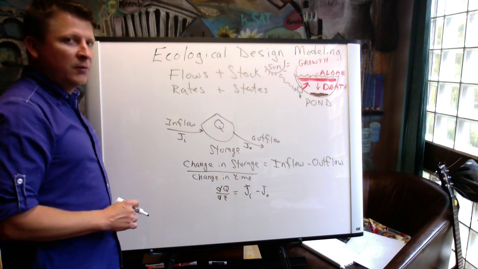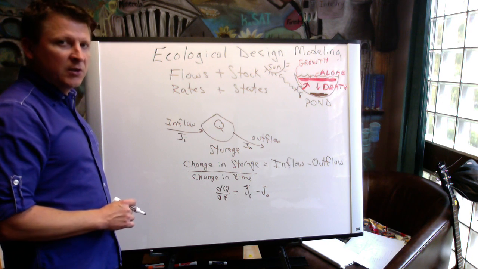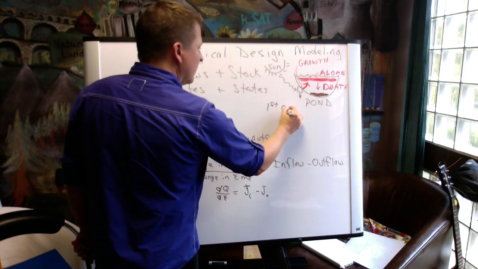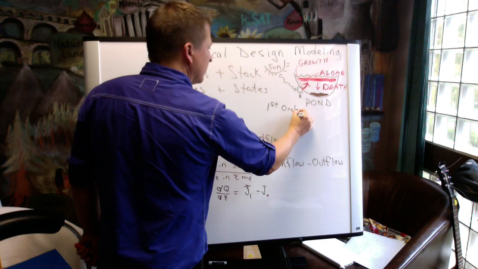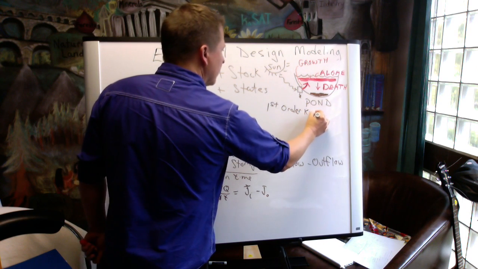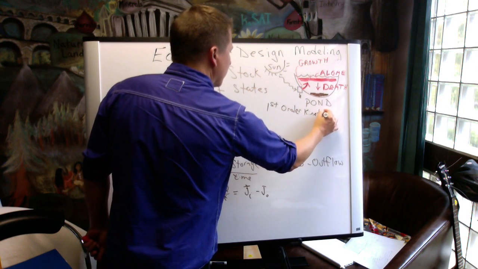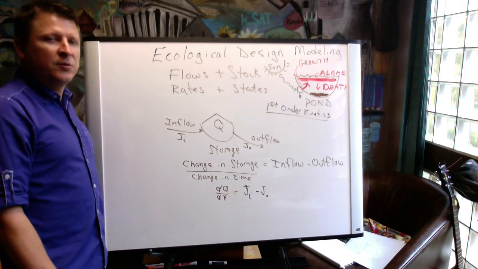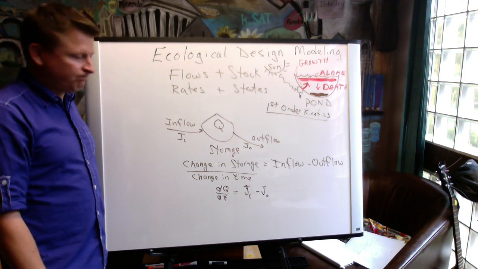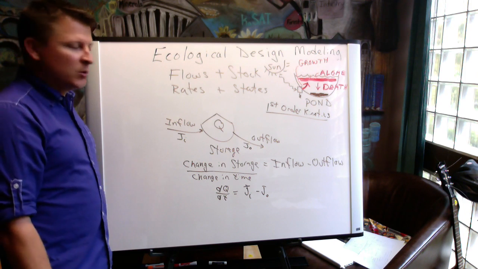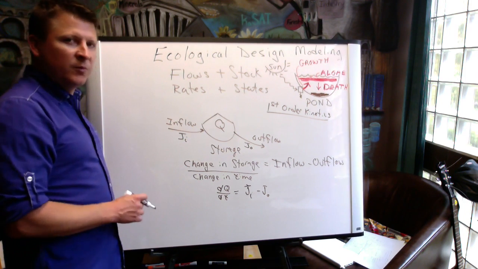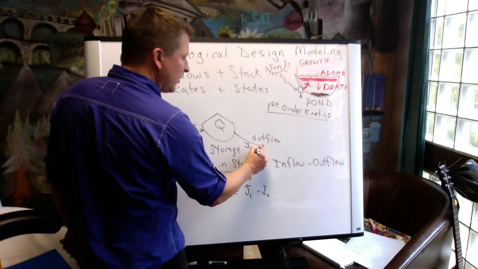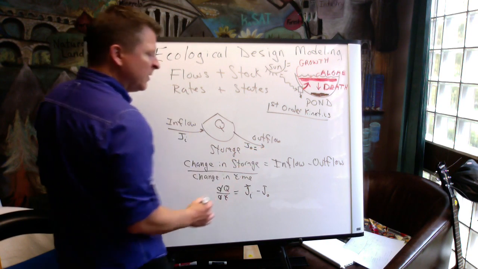Well, this is not very interesting at this point because we haven't defined what J_I and J_O equal. So often what you'll find is that we can assume what are called first order kinetics, related to how much flow comes from a storage. So J_O is going to say that the flow J_O is proportional to Q. So we're going to symbolize that with an equation.